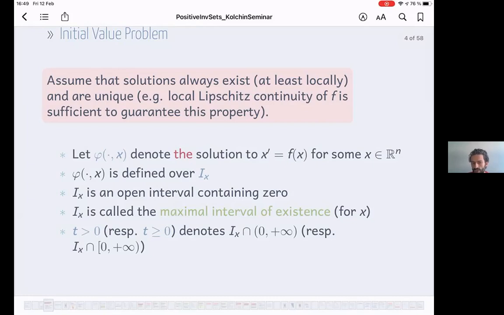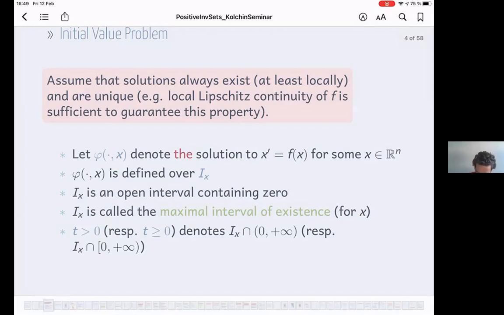I'm just going to set it up as an assumption so that the solutions of my differential equations define a flow. Because all I need here for what comes next is really this notion of a flow. I'm going to denote it by phi.